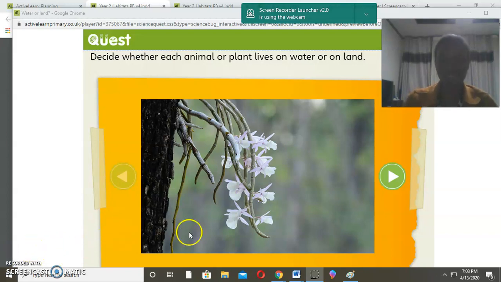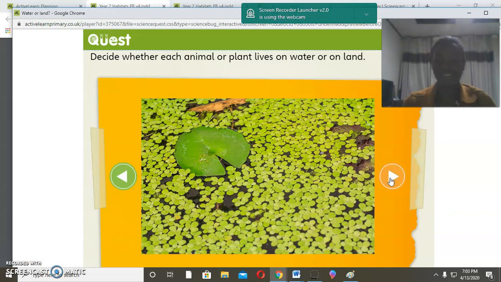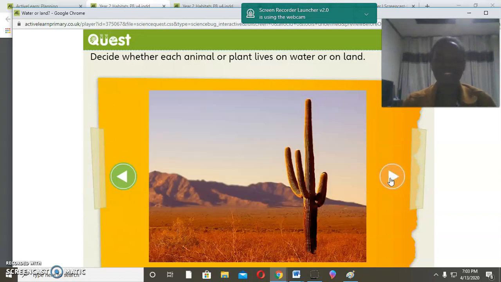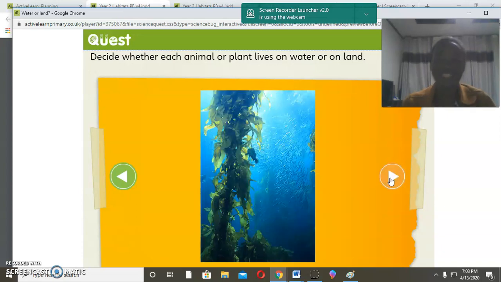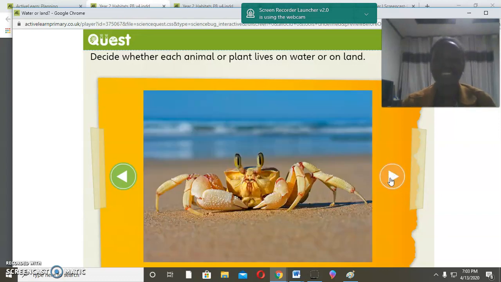On water or land? Does this live on water or land?